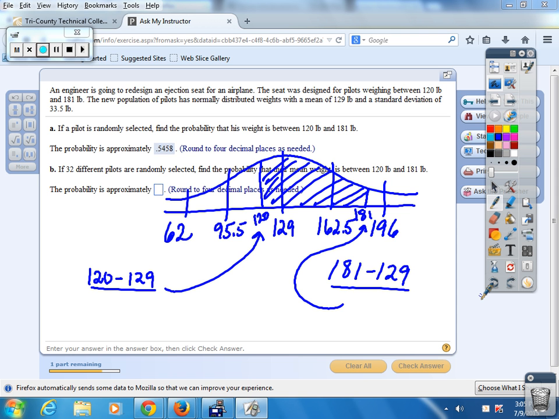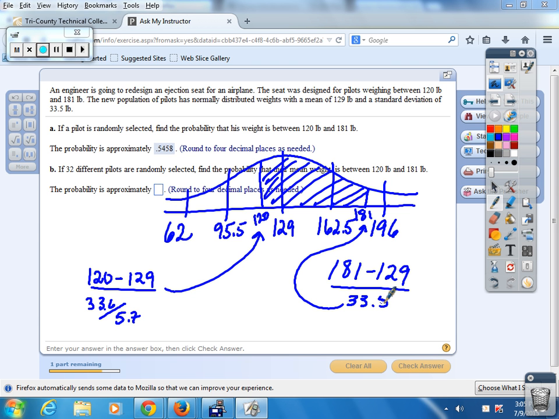Well, the square root of 32 is going to be about halfway between, so it's going to be around 5.4 probably. What is it? 5 point what? 5.7, okay. So that's going to be divided right here, 33.5 divided by 5.7.